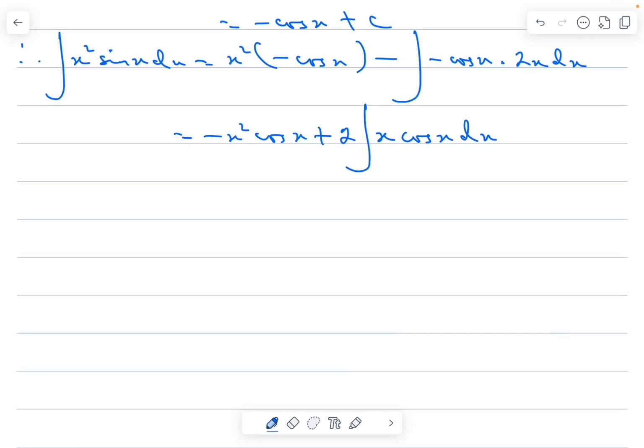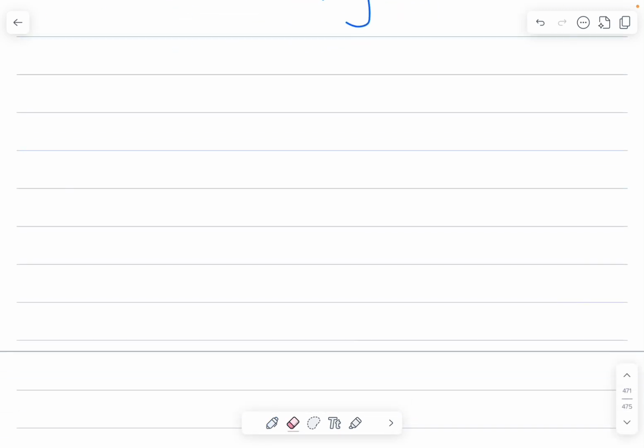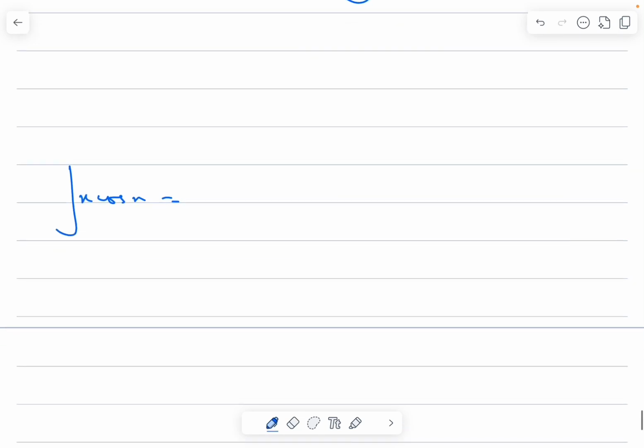So now what's the integral of x cos x? Let's do that separately somewhere. The integral of x cos x, we're also integrating that by parts. That's also to be done by the technique of integration by parts. So let u be x and cos x dx will be dv. So the answer will be uv, which is x times v.